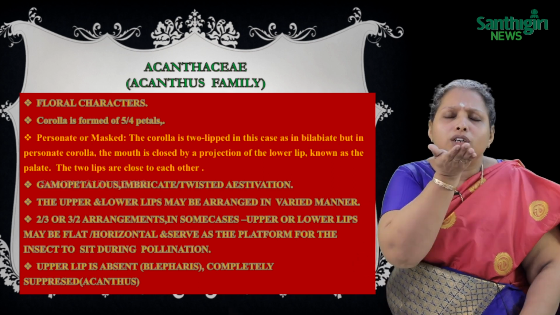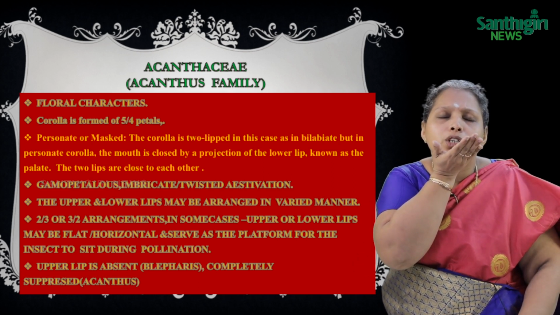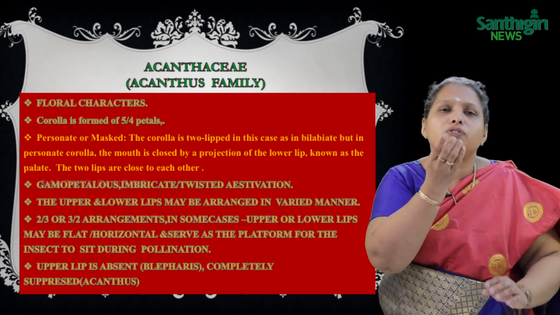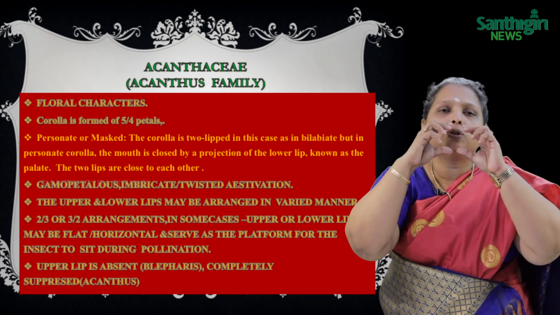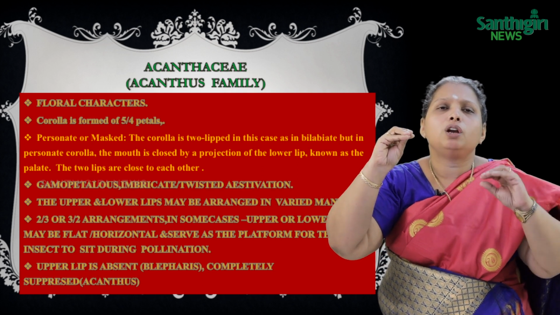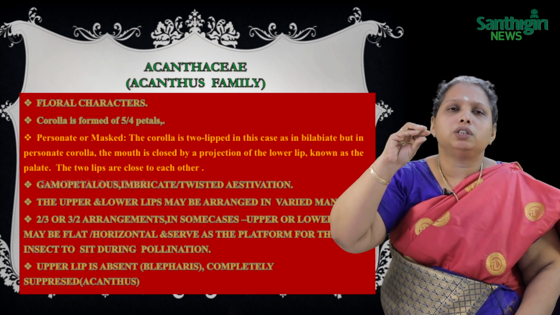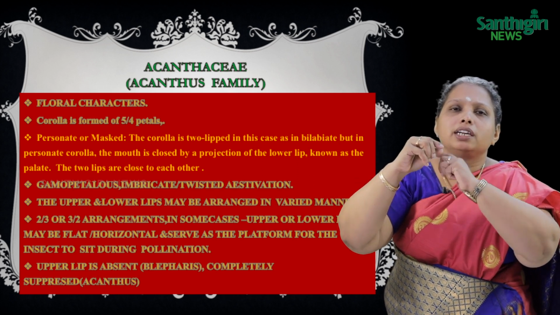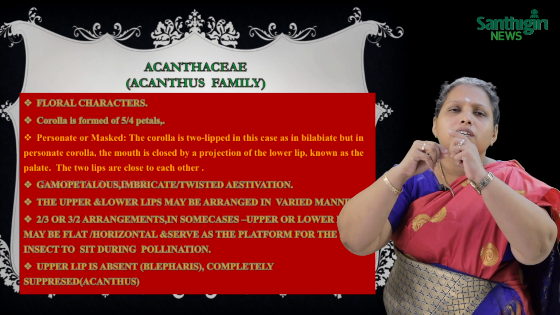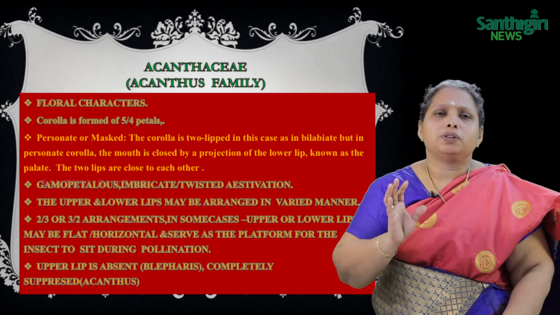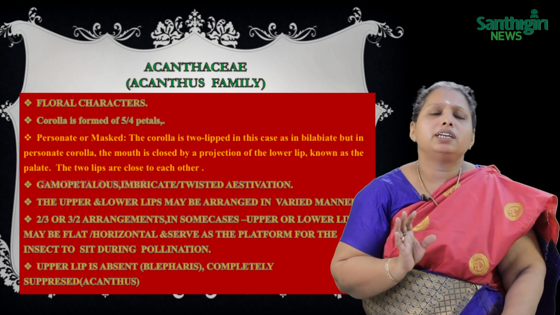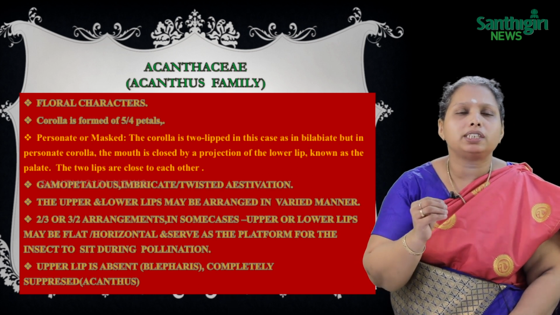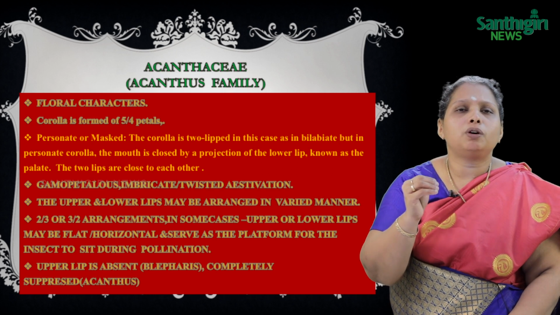The lower lip is produced or prolongated into a projection. Therefore, the 2 lips are closed together. The upper lip and lower lip are closed together, and petal lobes are arranged roundly or in any shape. That is personate corolla: 4 or 5 petals, gamopetalous, then bilibbed or bilabiate.